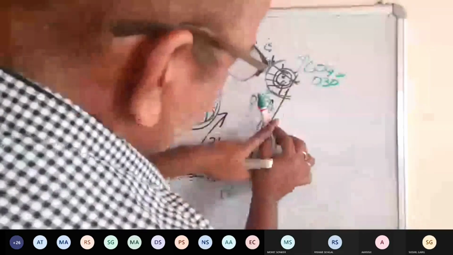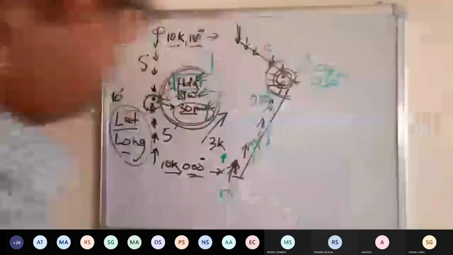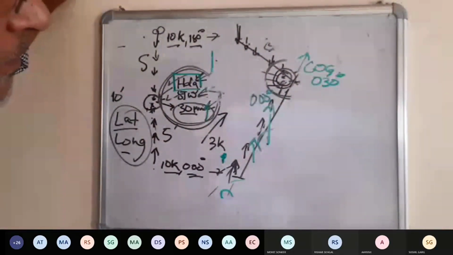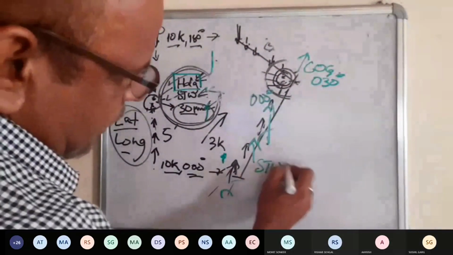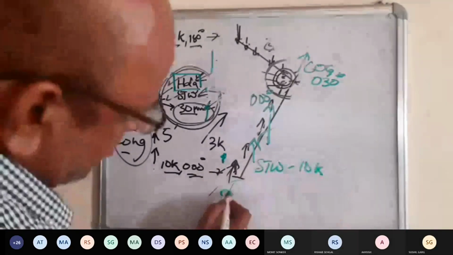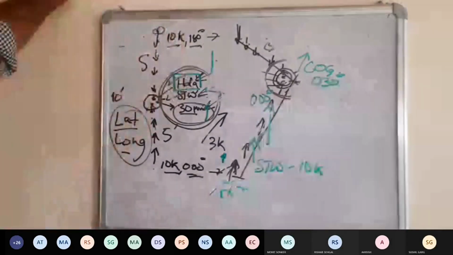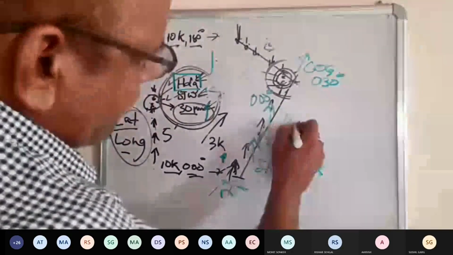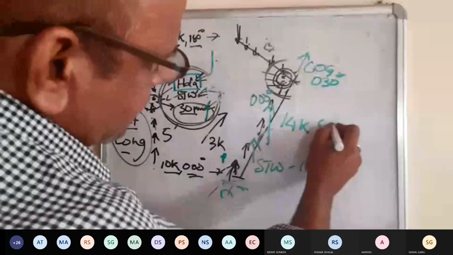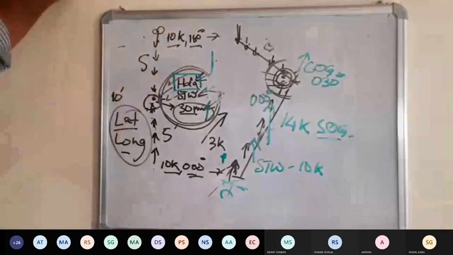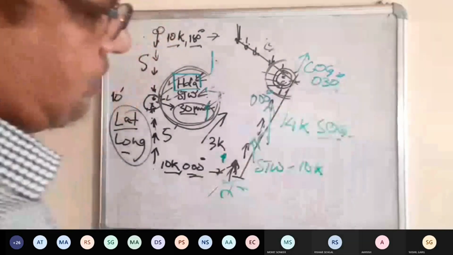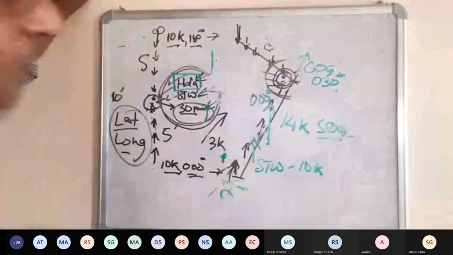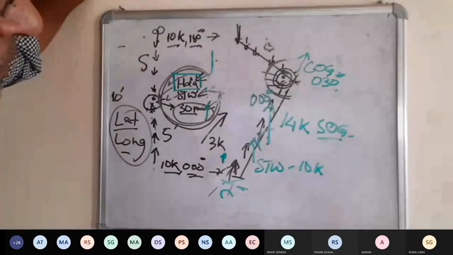So course made good: the ship is actually moving like this. The speed STW was 10 knots, but because you are being pushed by the current, it is now 14 knots. So you have course over ground 030, SOG 14 knots.